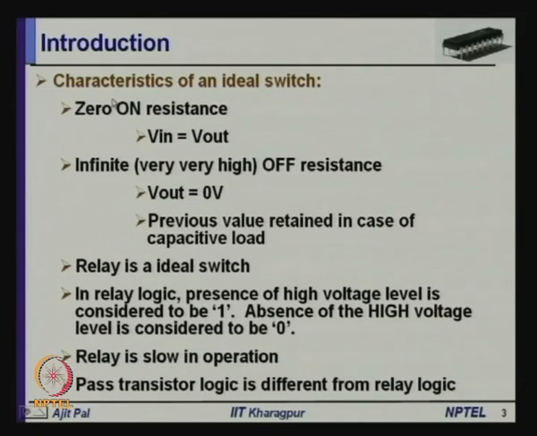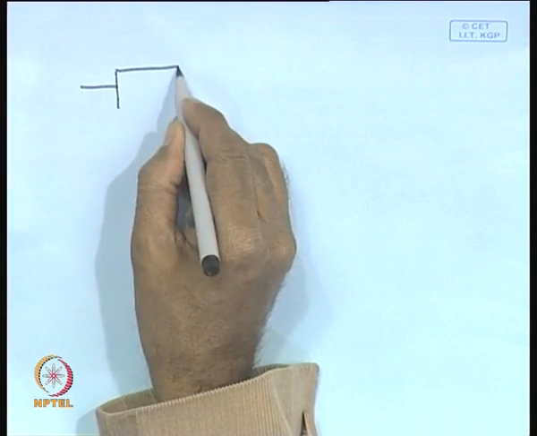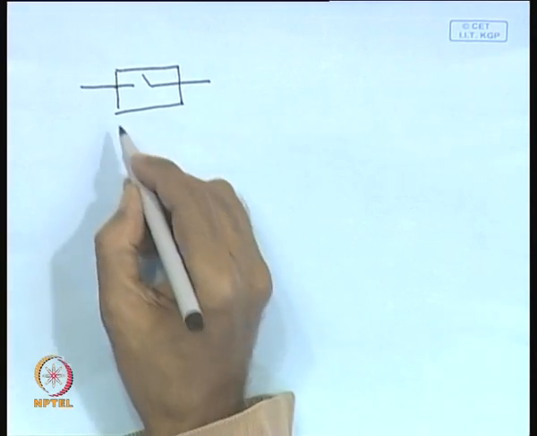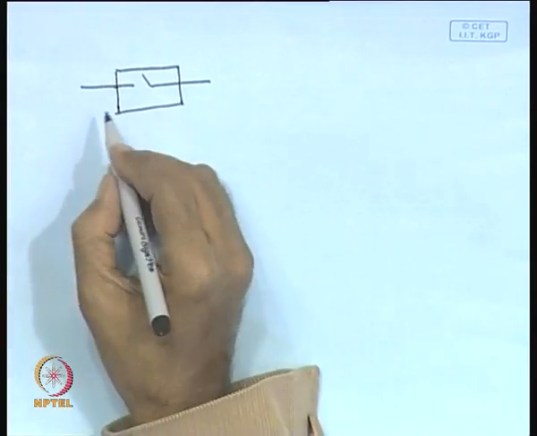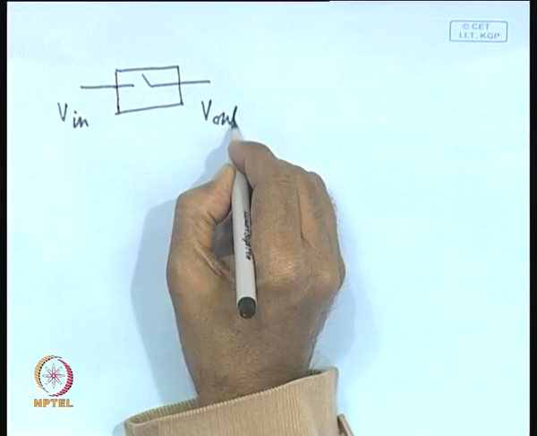We know that an ideal switch has 0 resistance, and that means whenever you apply an input it will reach unattenuated. Suppose this is a switch, whatever is inside, let us forget. So, let me represent it by this, a switch, and you are applying an input V in and you are getting an output.